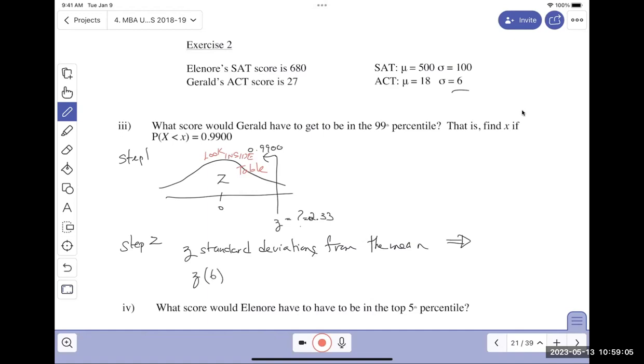What's the standard deviation for Gerald? 6, from the mean. What's the mean? 18. And this will give me my x, my original value of the grade that he needs to get. The z I found was 2.33, so I can put that in, and I will get the number I got in Excel.